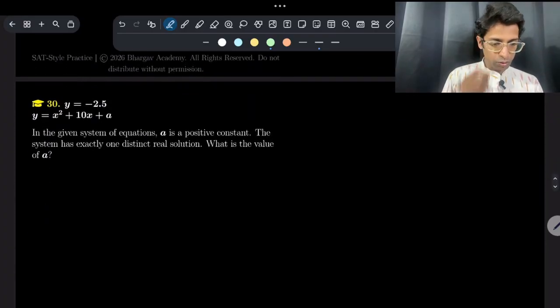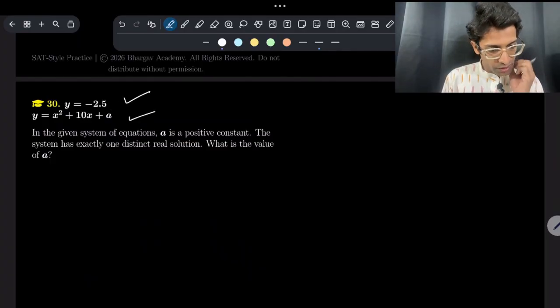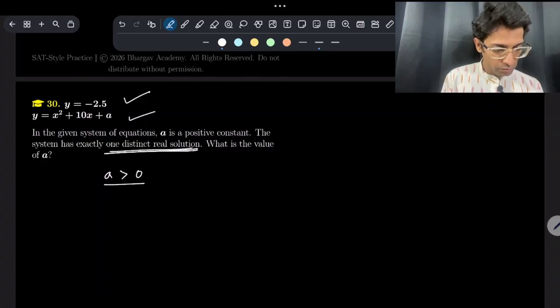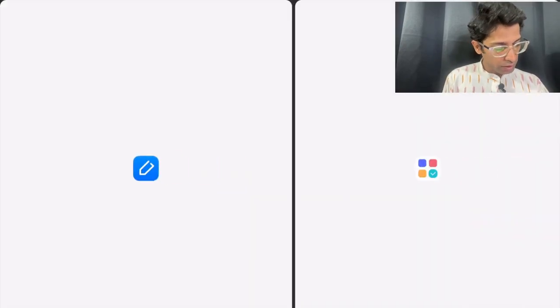Again, he has given you two equations. One is a linear equation, another one is non-linear. In the given system of equations, a is a positive constant. The system has exactly one distinct real solution. Great. Go to Desmos. Let me type this one.